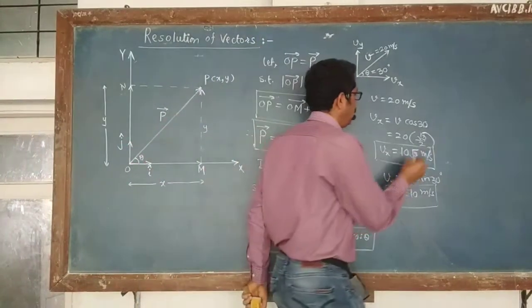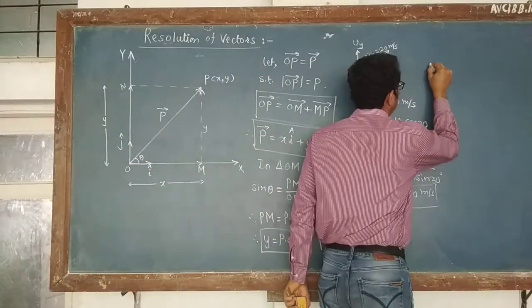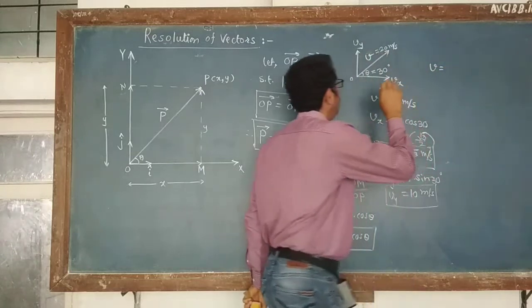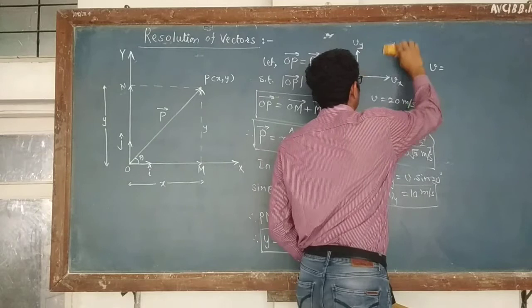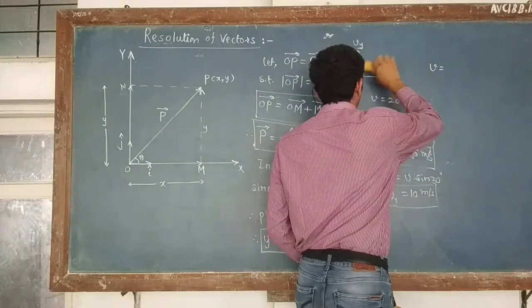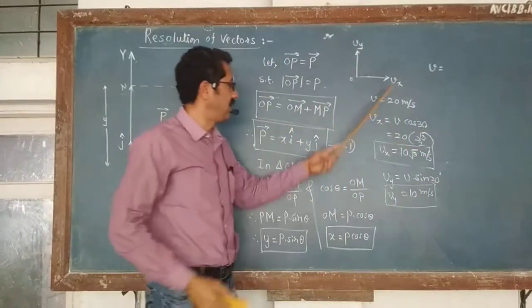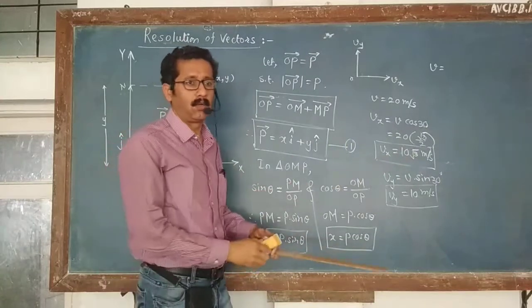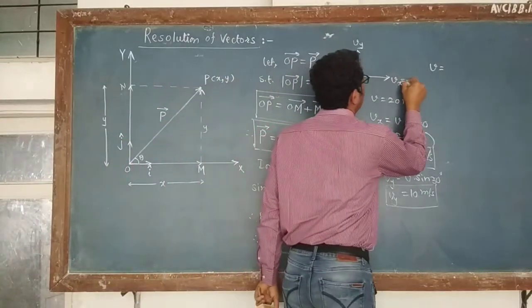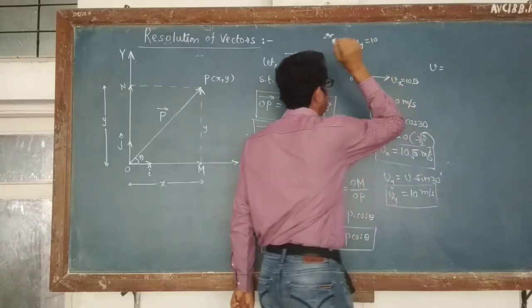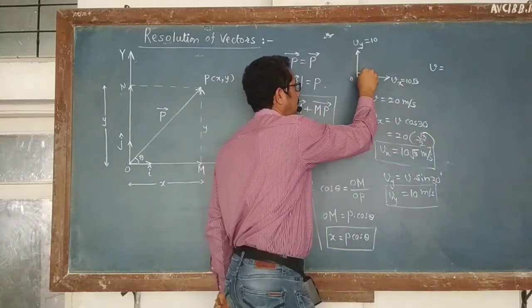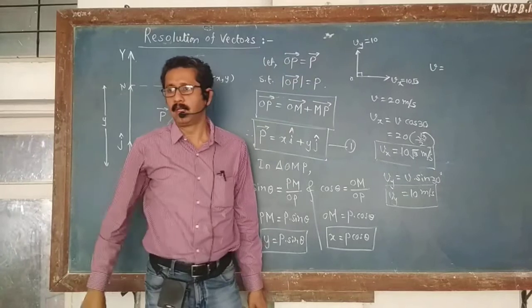So this is now going to give me that V is therefore equal to, now see I have given Vx and Vy like this. How much is Vx? Vx is equal to 10 root 3. How much is Vy? The Vy is equal to 10. How are they acting? They are acting perpendicular to each other.